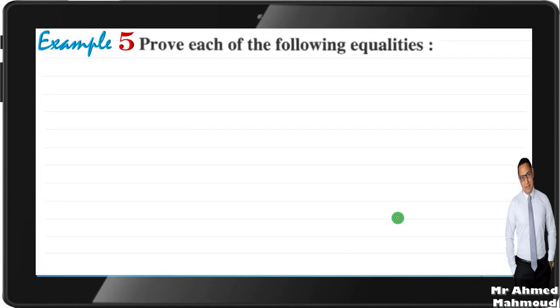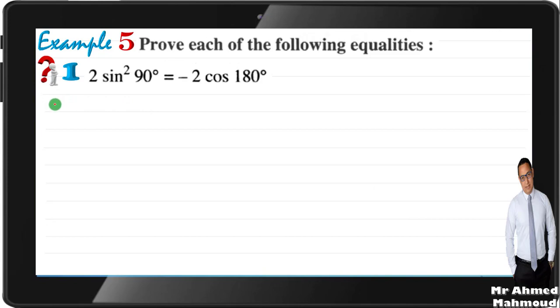Example 5. Prove the following equalities. Now I'm going to start with the left hand side. It equals 2 times sine squared 90. Sine 90 equals 1, so it will be 1 to the power of 2.